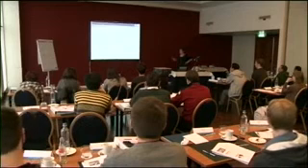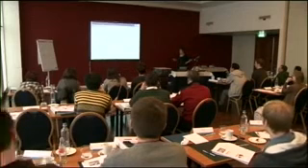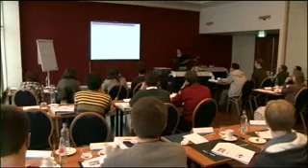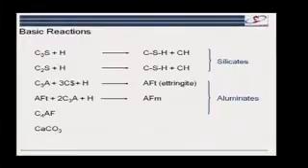Then we have the reactions of the aluminate and, to a certain extent, ferrite phase. These give these compounds, which we call these horrible names, AFt and AFm. I'll say in a bit more detail what these mean, but basically this AF here means that it can either have aluminium in the structure or it can have iron in the structure.